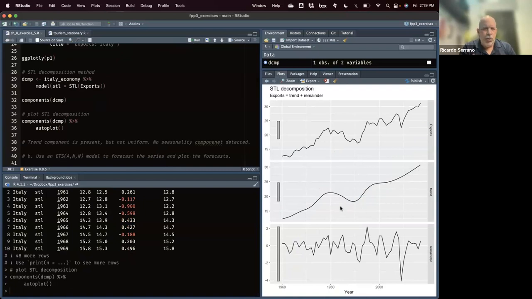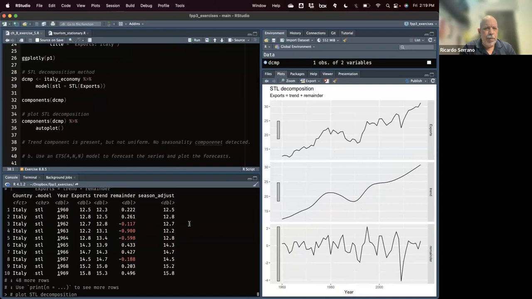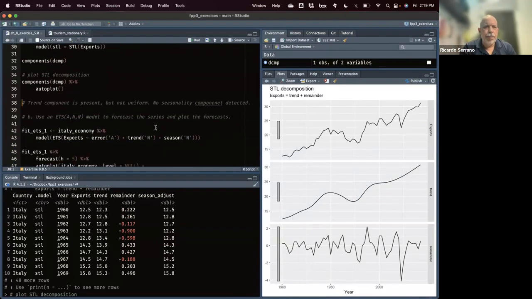But you see that there is no seasonality. Okay, so the seasonality component is not present. That's why when we are modeling, we're using only the error and the trend components. We're not using the seasonality because the seasonality is not there. So if you use seasonality, you probably will get an error.